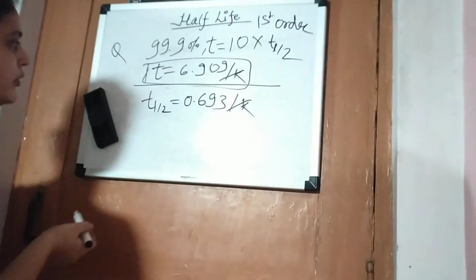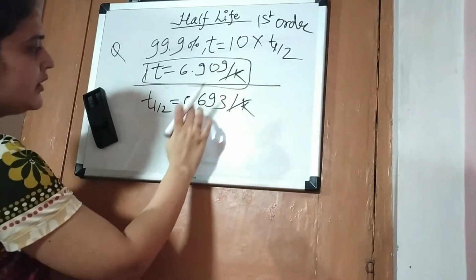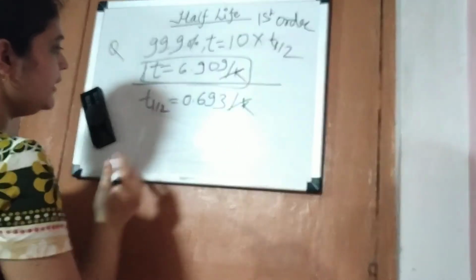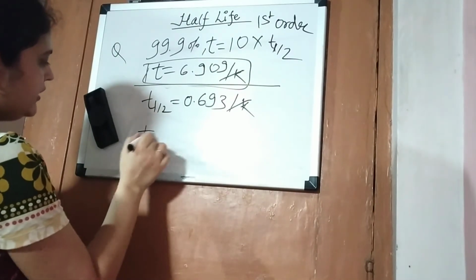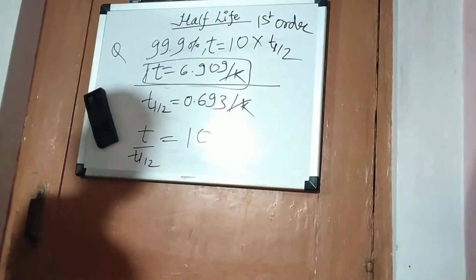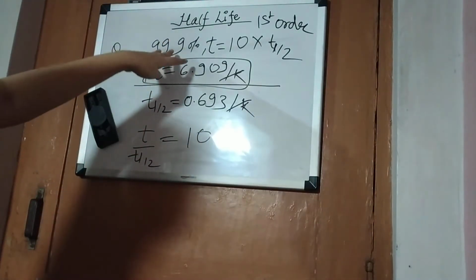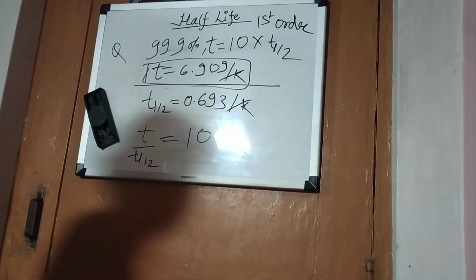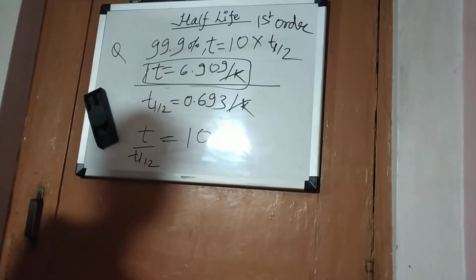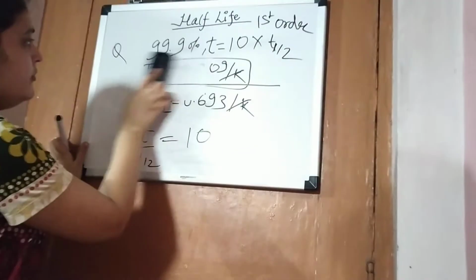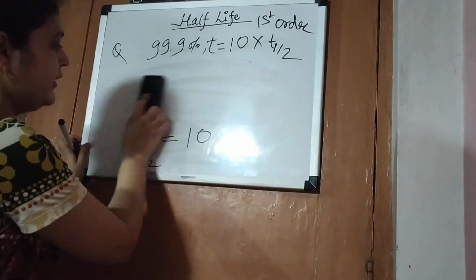So what will you get? 6.909 upon 0.693 will be equals to approximately 10. So t by t half is equals to 10. So time for 99.9% reaction is 10 times of half-life. So this is what we had to show. So we have proved it, right?